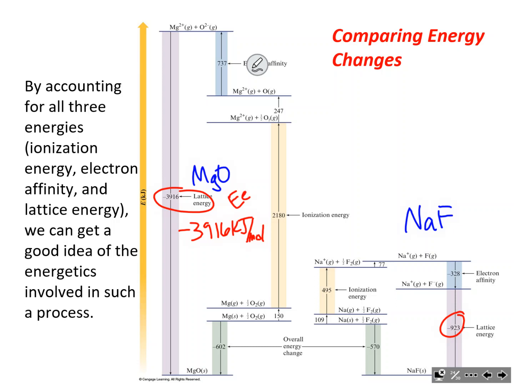So this is the EL lattice energy for NaF, which is negative 923. What you see here is that MgO releases so much more energy, so the bond in MgO is a lot stronger than the bond in NaF.